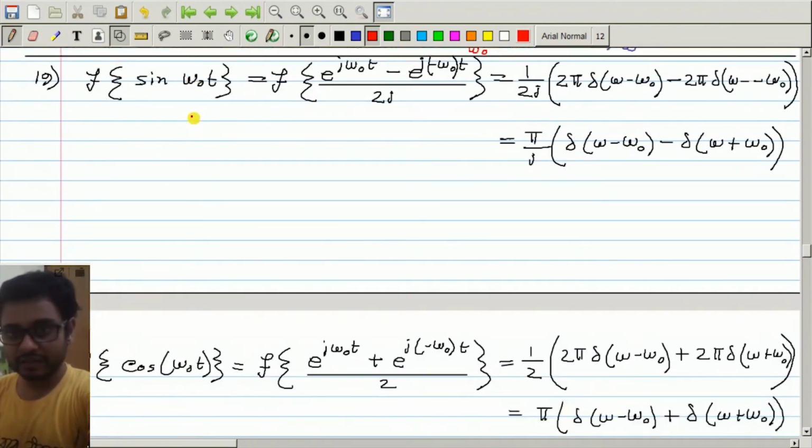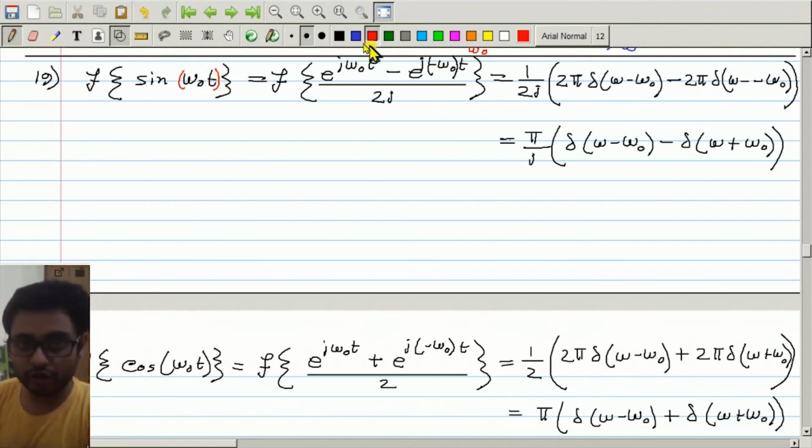Similarly, coming to sine omega naught t, let us draw the spectrum. Let this be the omega axis. Here this is a complex number, rather actually an imaginary number.